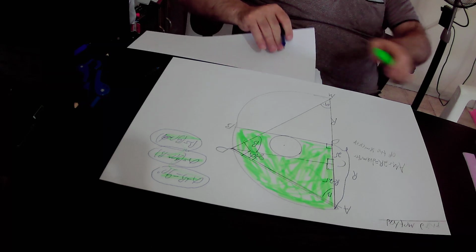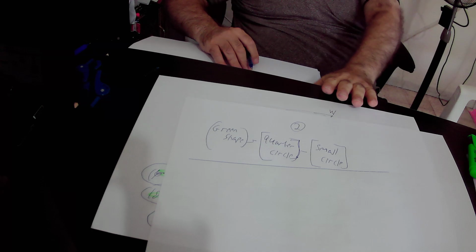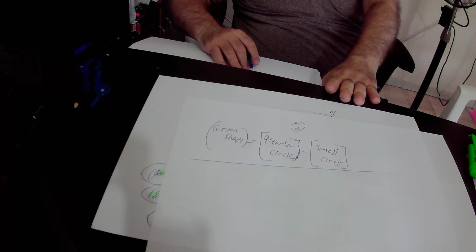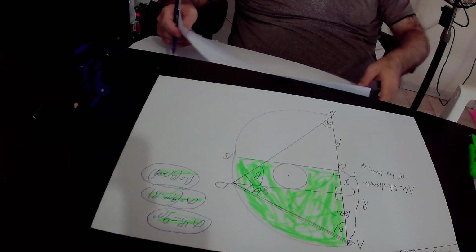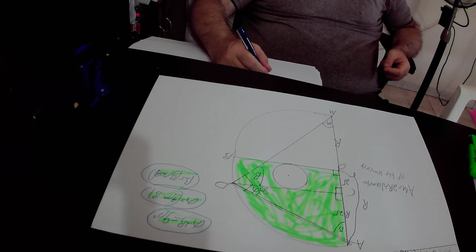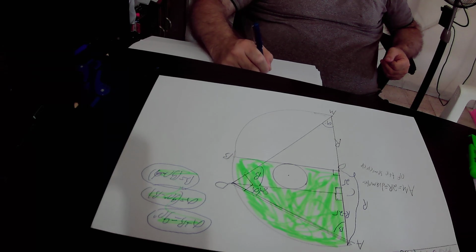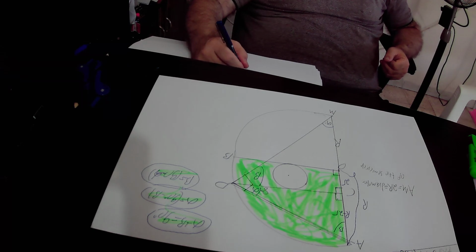I'll repeat again. The area of the green shape equals the area of the quarter circle, that is pi times capital R squared over 4, minus the area of the small circle, that is equal to pi R squared.